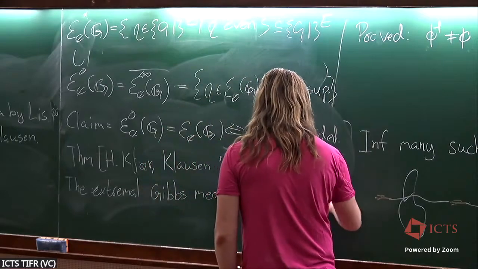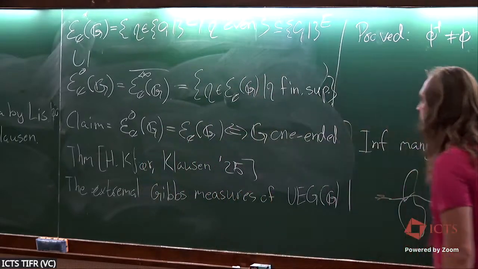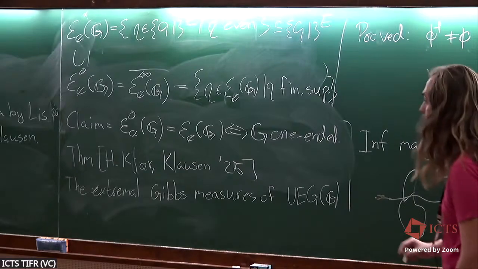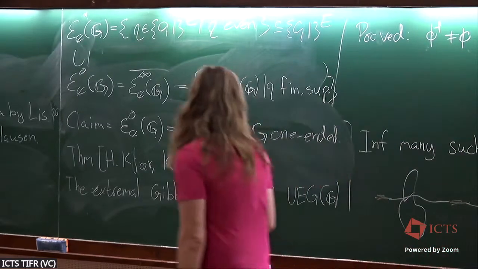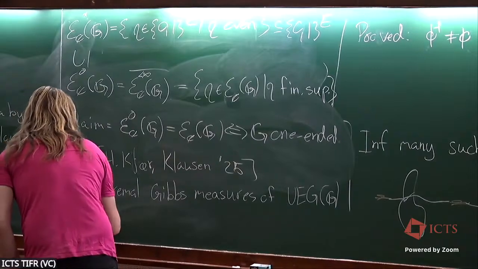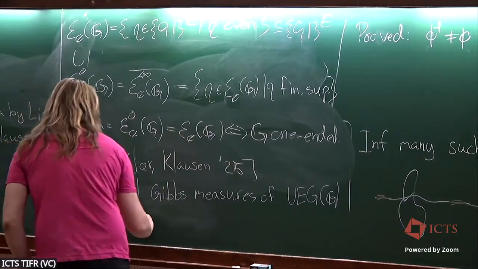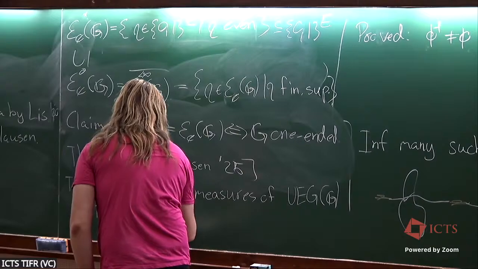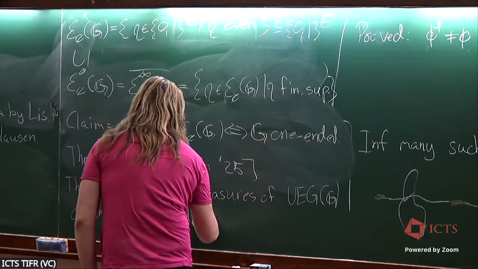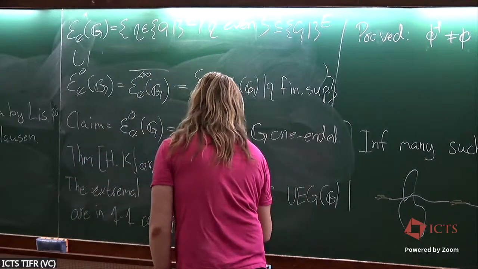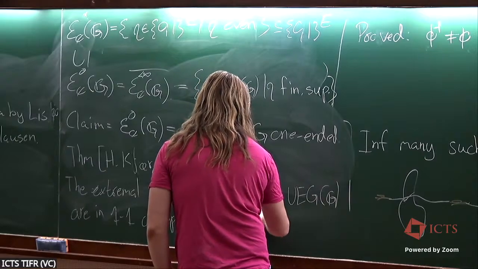So no matter what my graph is, I can tell you what the extremal Gibbs measures of my UG are, and they are exactly in one-to-one correspondence with this quotient.